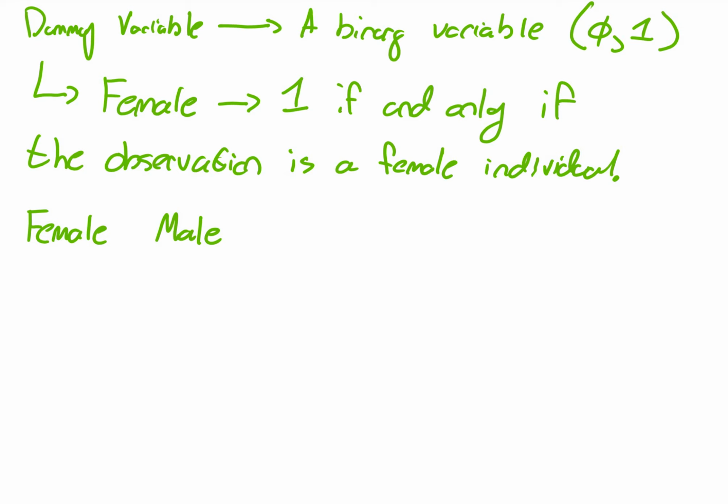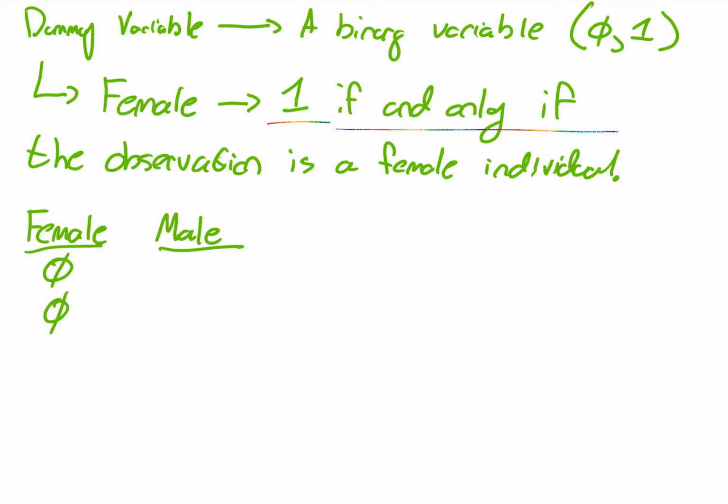So let's assume that the first two are male. For the female category, since these first two are male, they're not going to be female. Our definition up here said female is 1 if and only if the observation is a female.